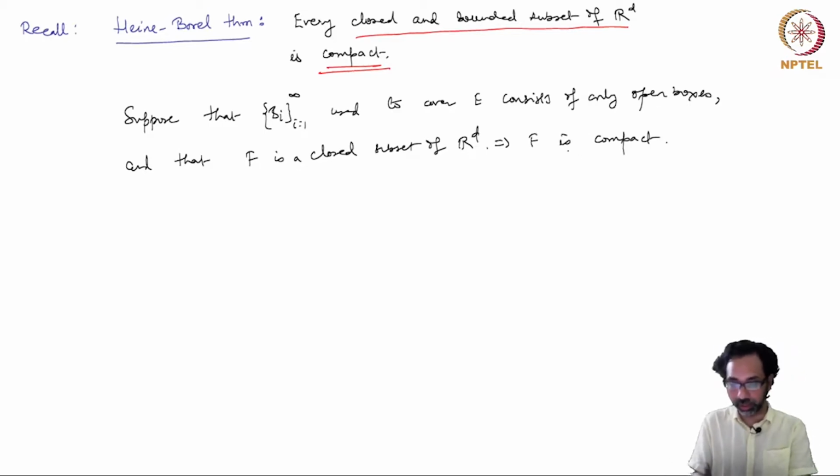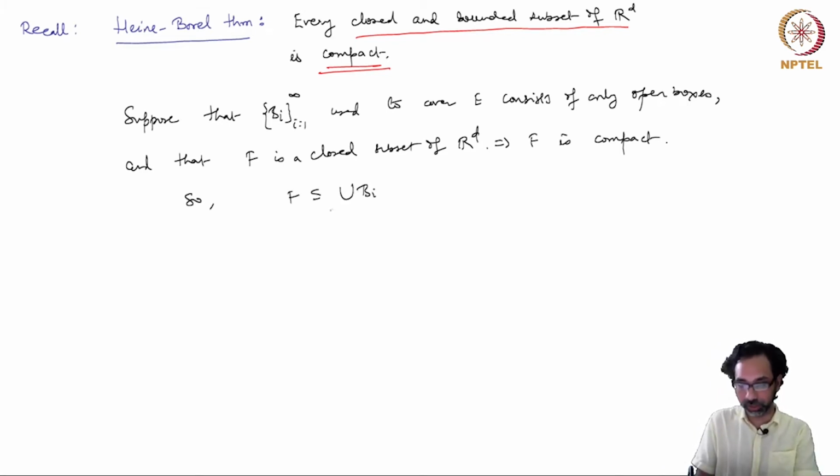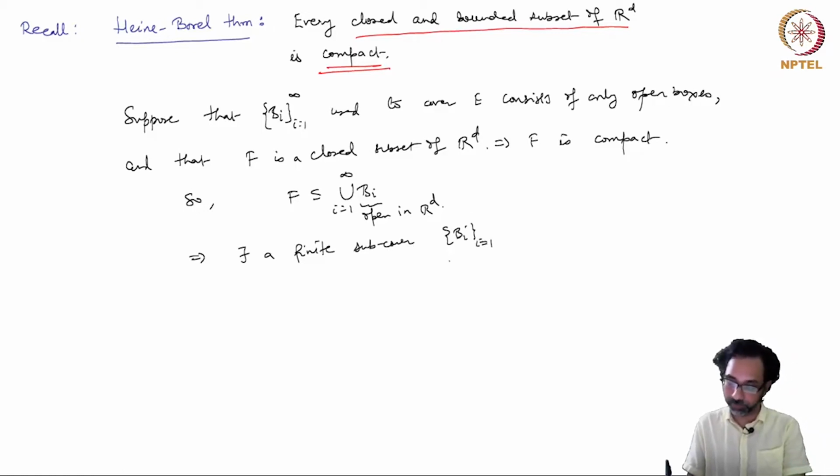and so F is covered by the union of these boxes B_i, and each box is open in R^d. So because F is compact, there exists a finite subcover of these open boxes B_i, i equal to 1 to n, up to re-indexing.